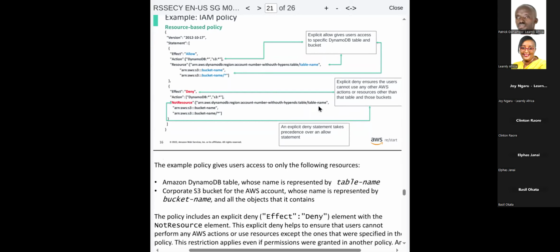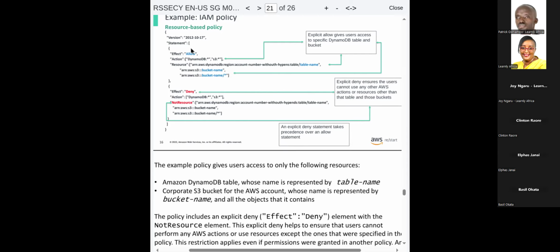So they cannot access the resources within this table, and they cannot access the resources within this bucket name. So this is an explicit deny that ensures the users cannot access the resources within the DynamoDB table and within the S3 bucket. An explicit deny takes precedence over an allow.